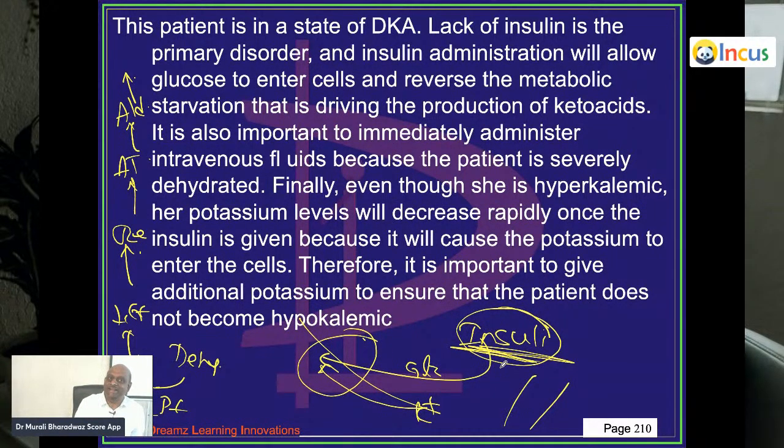Then what will you tell Lily? Take 40 milliequivalents of potassium, push it into the same saline, so that you are replenishing the potassium also. So what are the 3 things you need to replenish whenever you have diabetic ketoacidosis? Replenish the fluid, replenish the insulin, replenish the potassium.